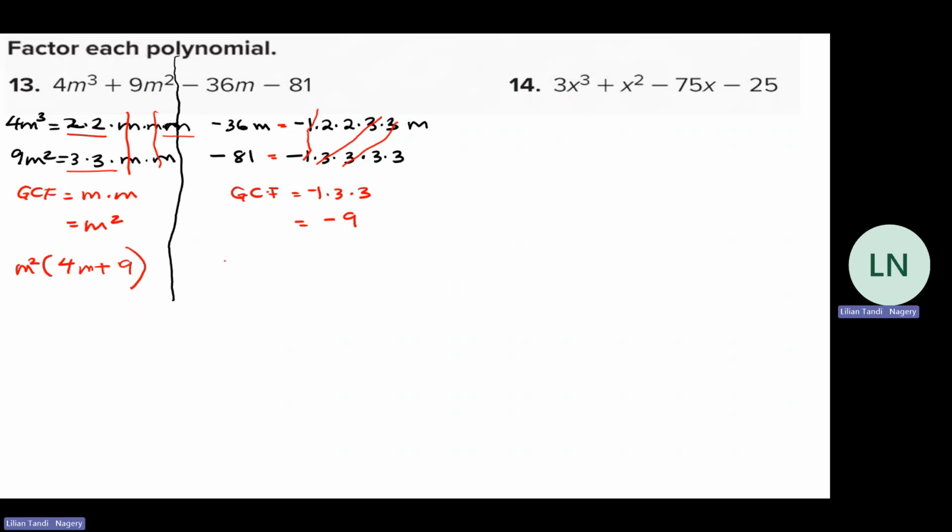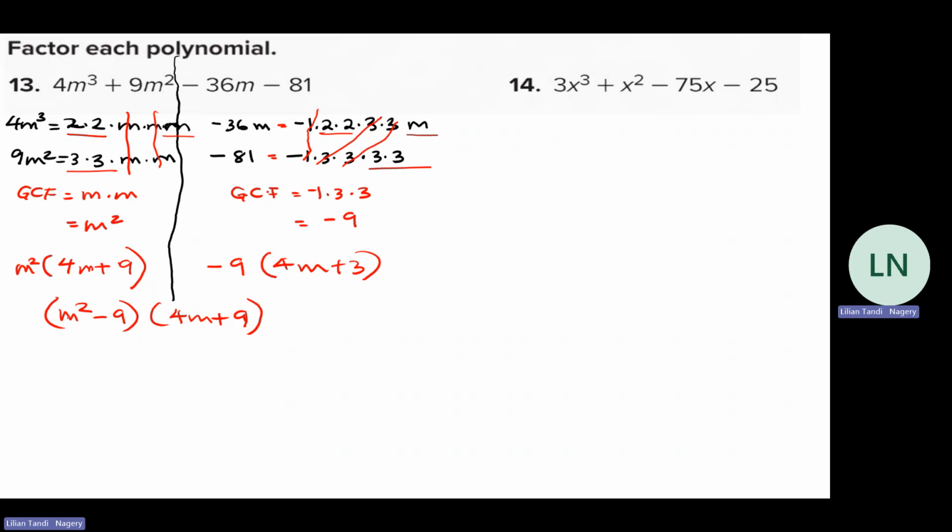Now we need to do here negative 9, 4m, and then plus 3. So now I have m squared minus 9, and then I have 4m plus 9.